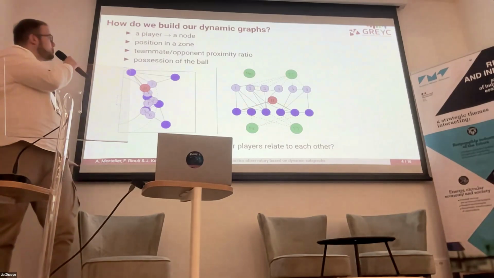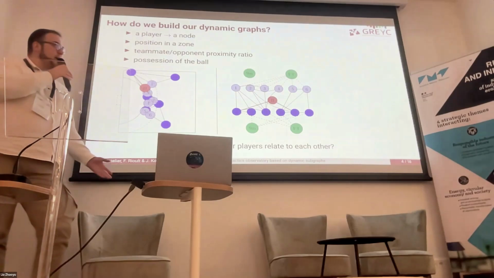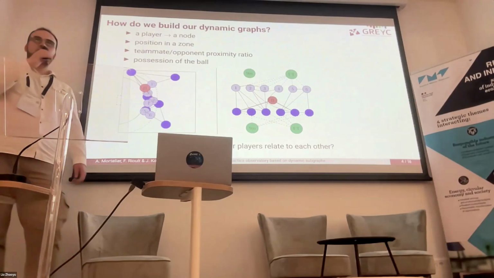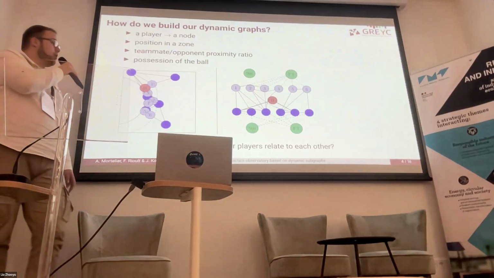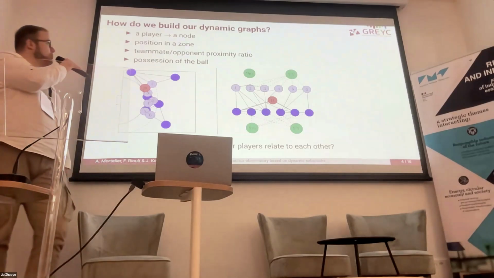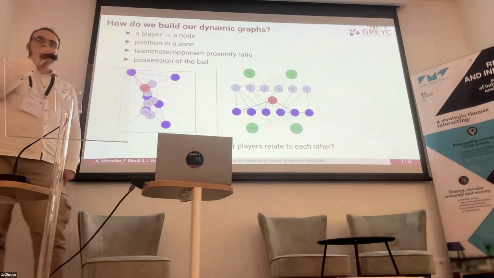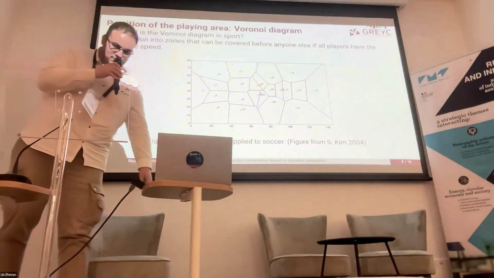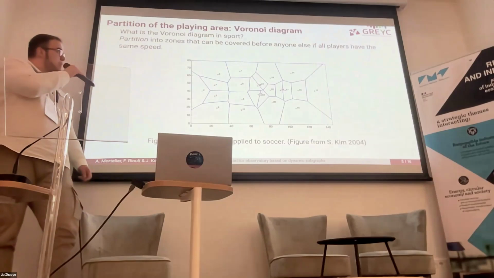We have nodes. A player is a node. It's simple. We can add as node attributes the positioning in the zone, possession of the ball, but how do our players relate to each other? A simple thing is the teammate-opponent proximity ratio, but it's not enough. So we decided to partition the playing area.